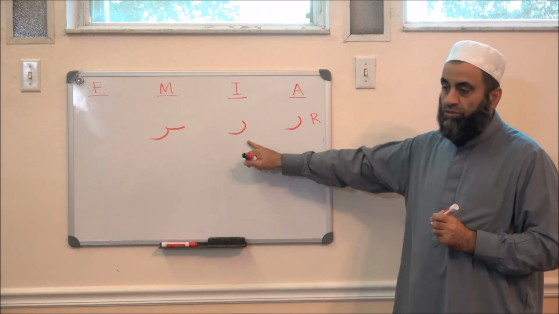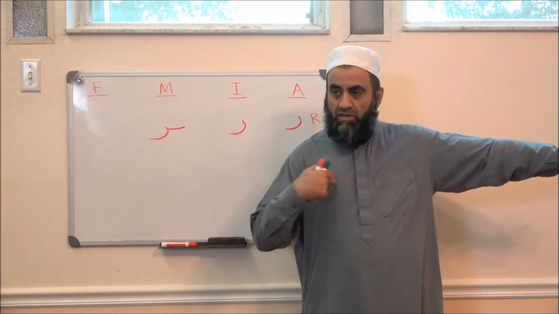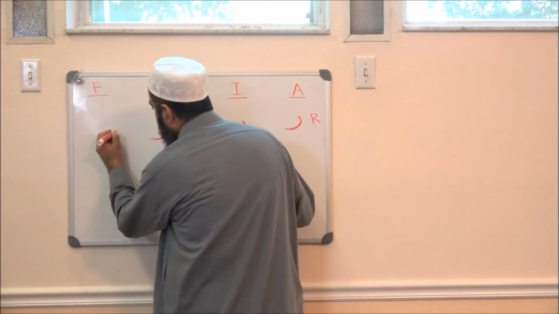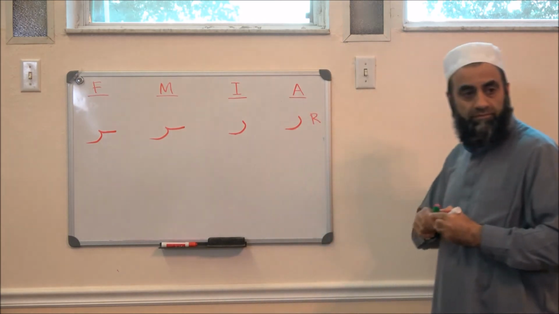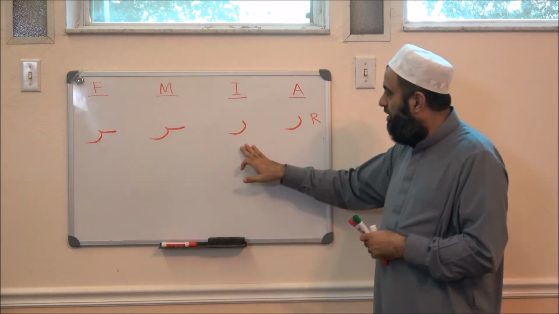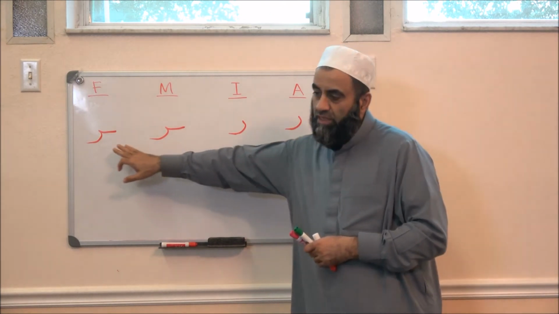Standalone, initial, middle, final, I'm supposed to have connection, letter. So it's going to look like this one. So ra, standalone, initial or beginner, middle, and final.